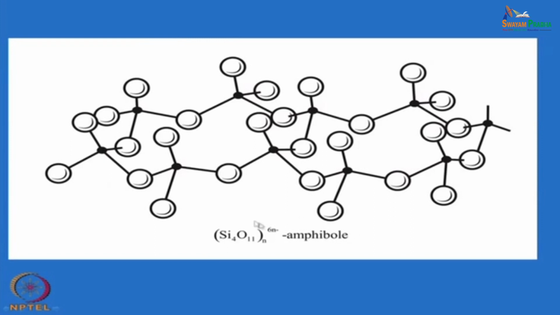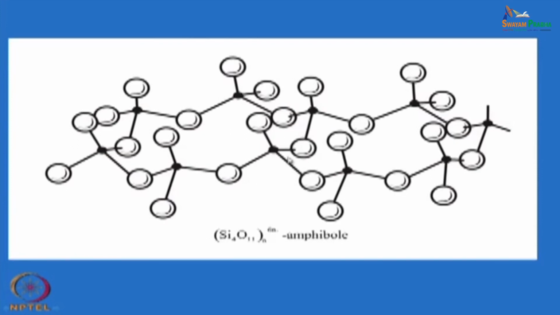This is another structure. Again the basic unit is the silicon oxygen tetrahedron, and you can see it is what we call a double chain, and this is one chain, and this is another chain, and then there is a kind of cross linkage. Okay.